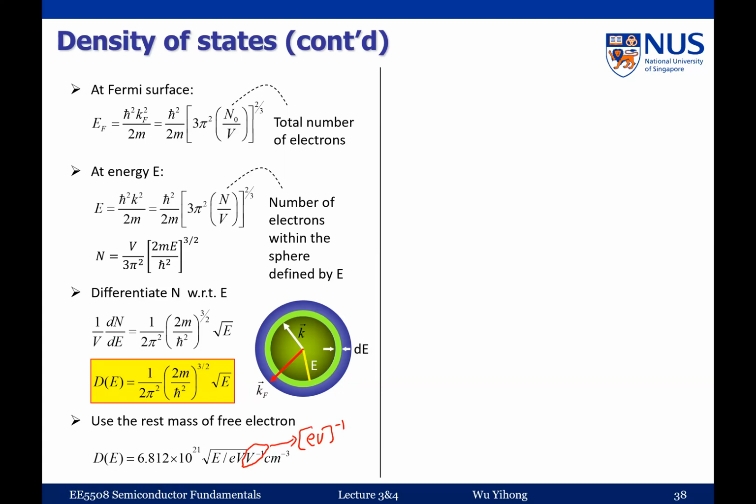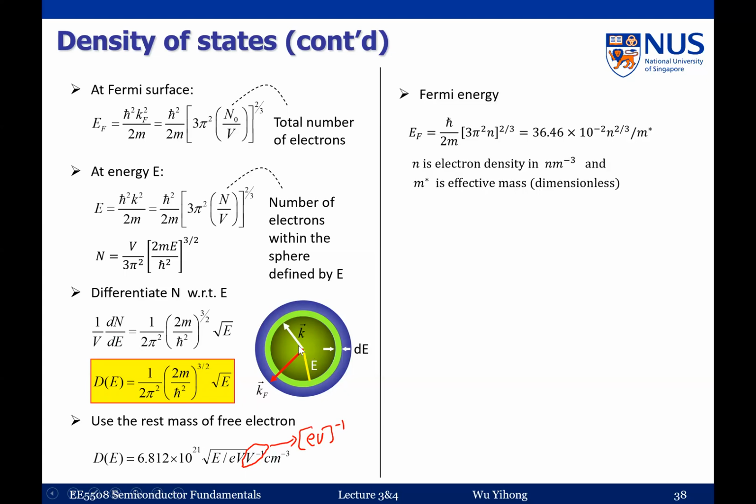This means the total number of electrons will change by a very large amount. Inside the Fermi sphere, of course, your energy is small. If you have an equal energy surface here, you have a very small spherical surface, and the number of electrons occupying this small surface will be very small, and the density of states very small. So this means that the density of states for free electrons is always largest at the Fermi surface, right?